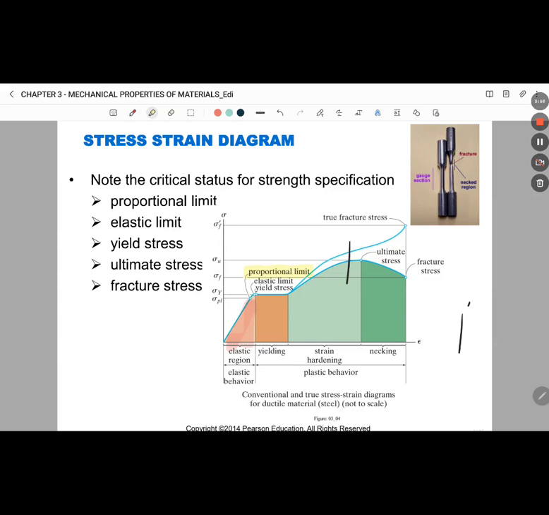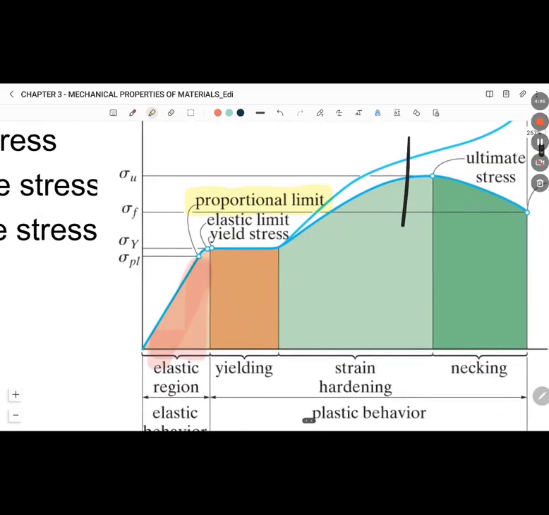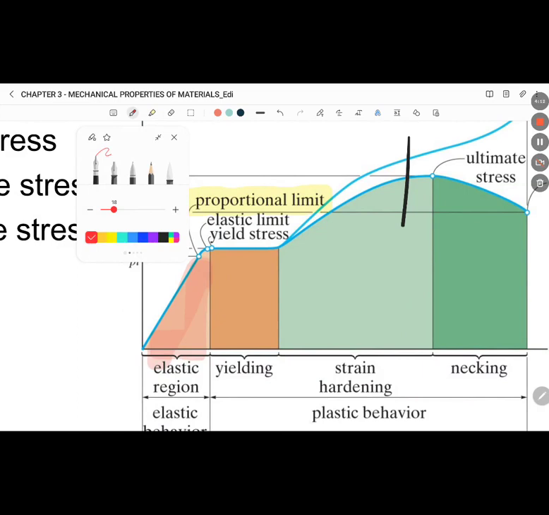If the stress slightly exceeds the proportional limit, the curve tends to bend and flatten out as shown in the figure.